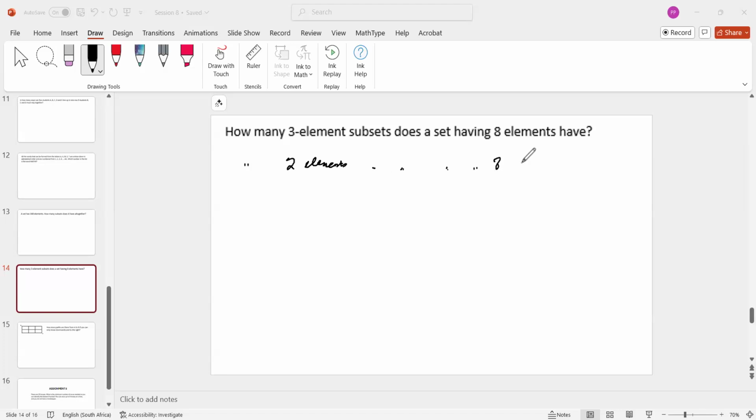If I had that question, the answer is, as we saw earlier on, remember we said n into n minus 1 over 2.